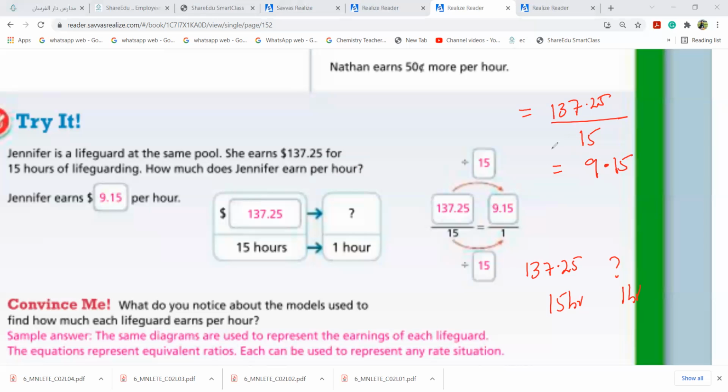I have solved it here. How did you get the 9.13? What did I say? 137.25 is for 15 hours in the question. She earns 137 in 15 hours. So how much does she earn in 1 hour? That's why we are dividing.